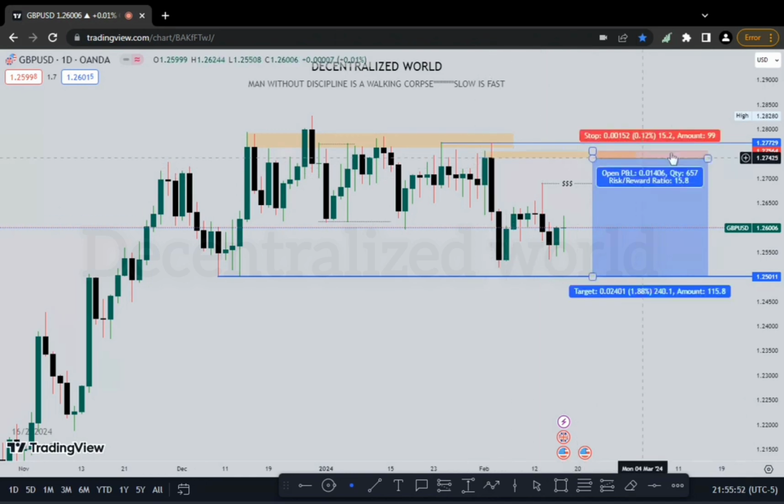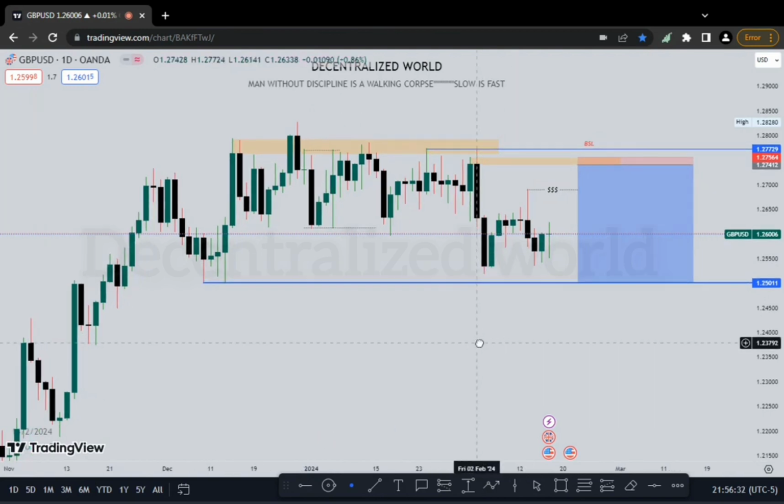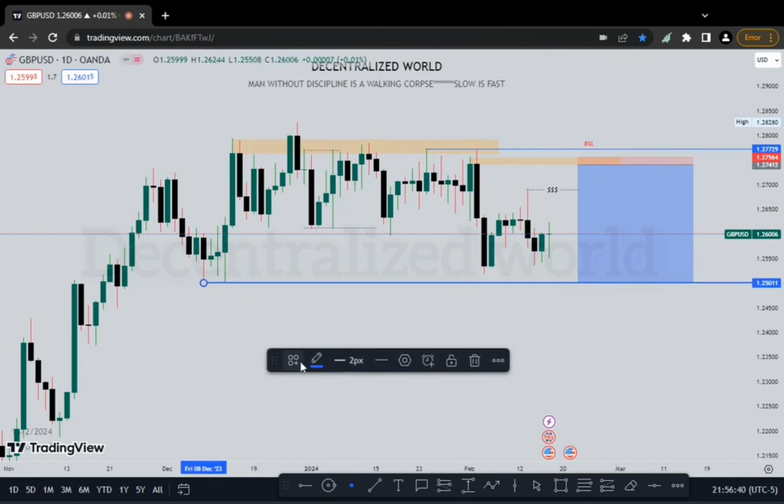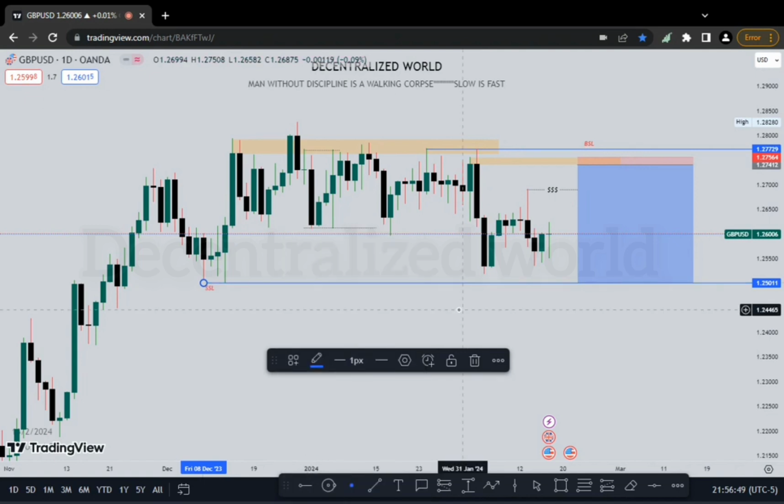So if price is to come here, I'm definitely taking this trade, and if it is the trade I'm going to take for the month, then that's it, because already we have liquidity, we have an order block, we have a rejection block, excuse me, and then we have sell side liquidity. We have our sell side liquidity that will be our main target.